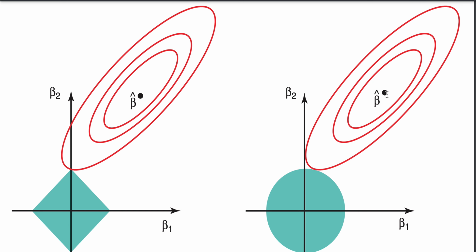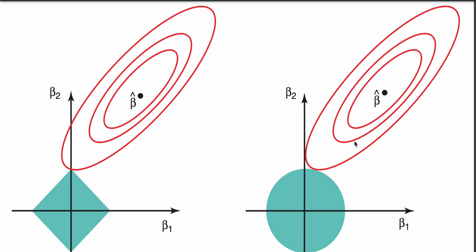The further we get away from beta hat, the residual sum of squares increases. So the residual sum of squares here is less than the residual sum of squares here.